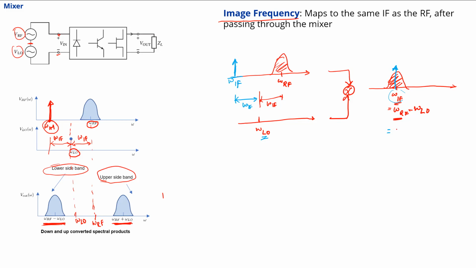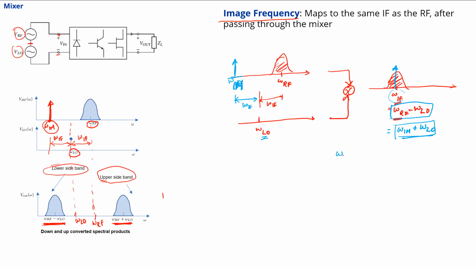In other words, this is going to be the image frequency omega IM. The output is going to be omega IM plus omega LO. The upper side band of the image frequency is overlapping with the lower side band of the RF frequency.